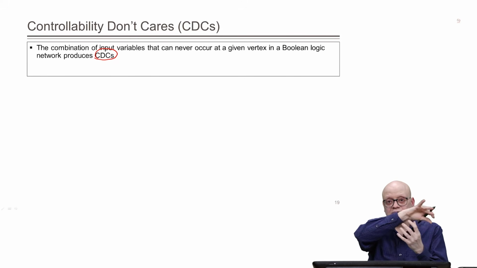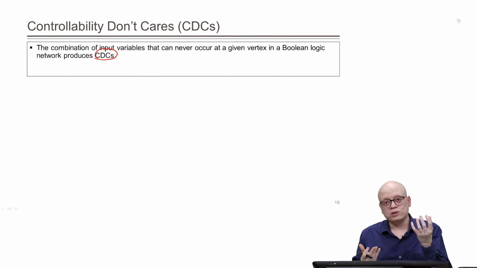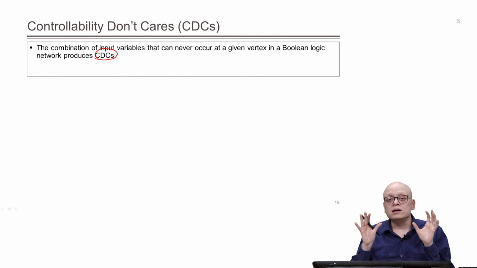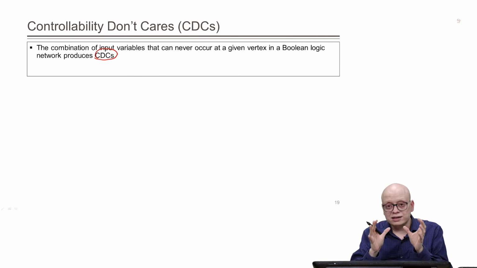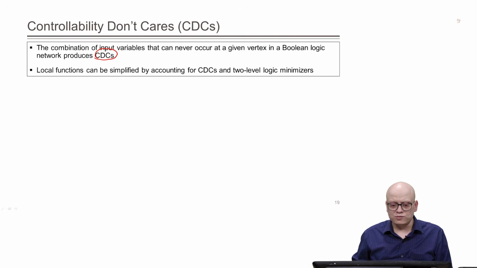Now, there can be some combination of these inputs which will never appear at this node, and if we can identify those conditions, then perhaps we can optimize the local function of the given node. That is what controllability don't care is and how it can be used in optimization. So, local functions can be simplified by accounting for CDCs and using two-level logic minimizers.